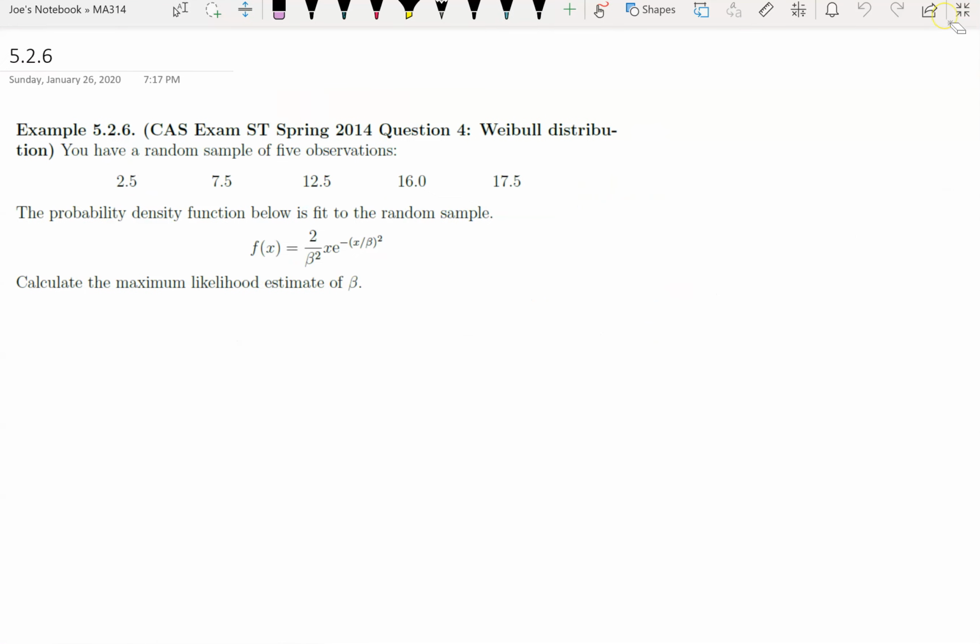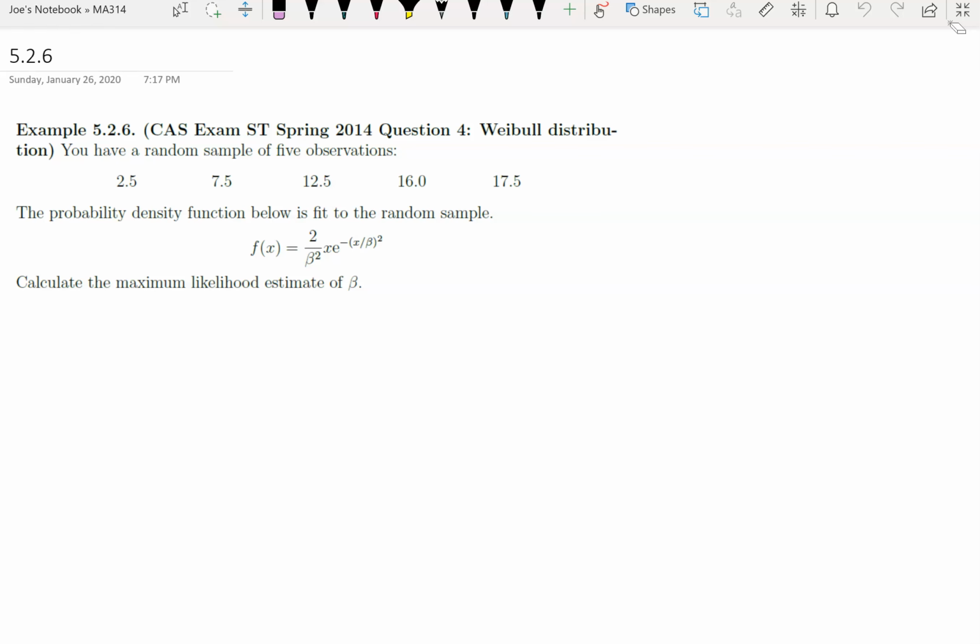All right, so not too worried about the setup of the action, this is called a Weibull distribution, but it's this PDF that I'm interested in here: 2 over beta squared x e to the minus x over beta quantity squared. It asks you to use that sample to calculate an estimate for beta.